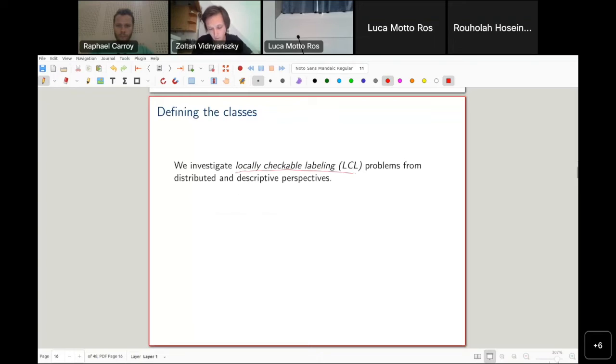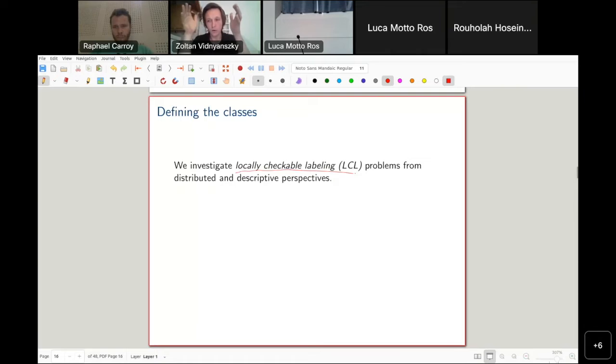You can always think about colorings, but it's slightly more general. So what is a locally checkable labeling problem? You have to label the graph with, say, numbers or colors or whatever, and then you have to be able to decide whether this labeling is correct or not in a fixed radius neighborhood.